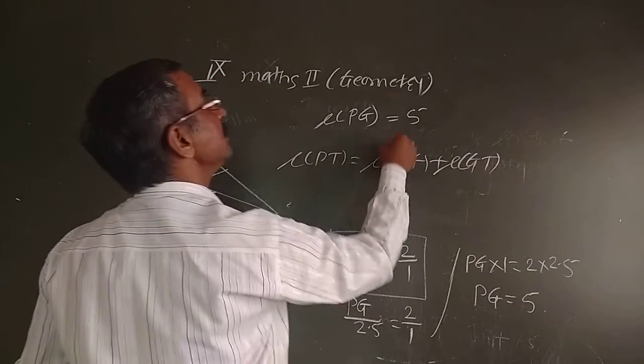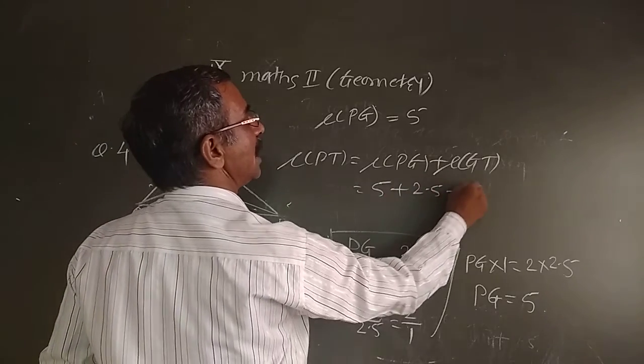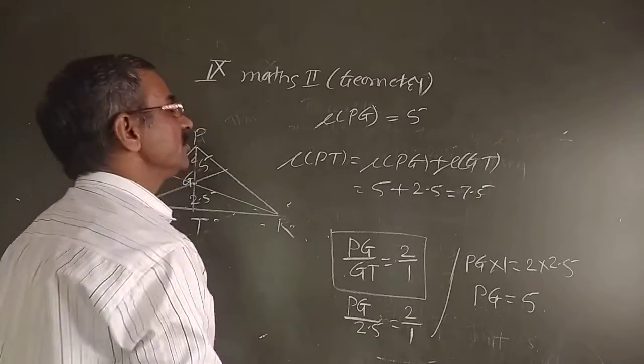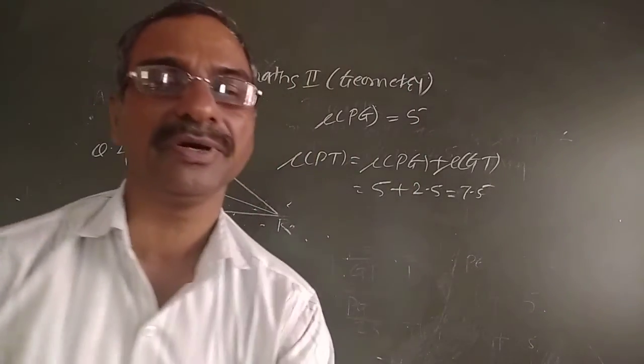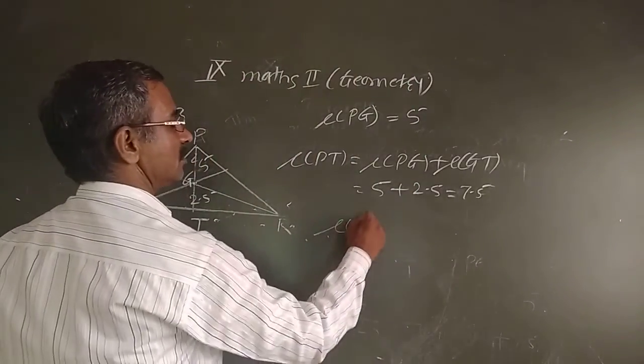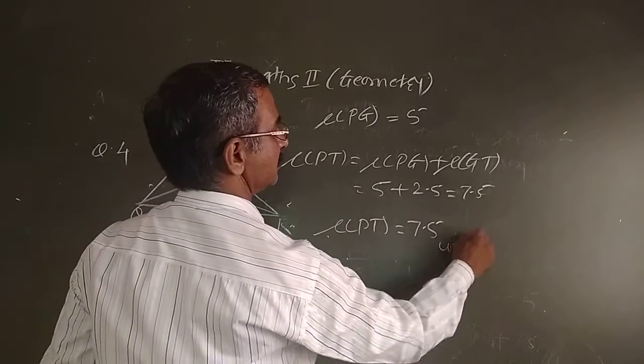By substituting the values, PG is 5, GT is 2.5, and the sum is 7.5. So the length of PT is equal to 7.5 units.